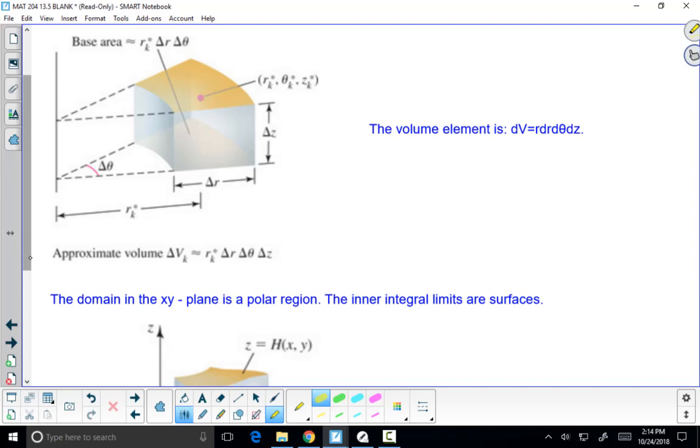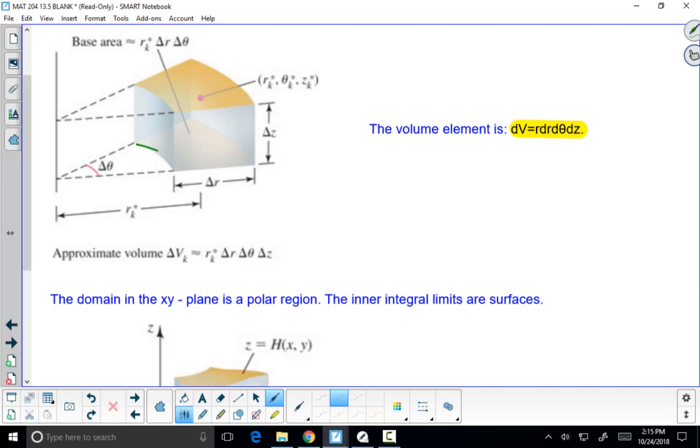The volume element is going to be represented with r dr d theta dz. So it's the same as the polar area element multiplied by the thickness. So the polar element, we already took care of that.